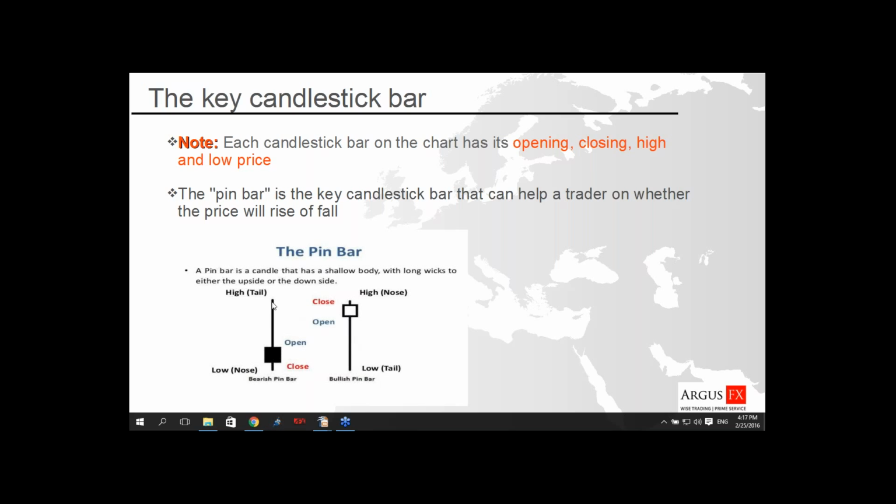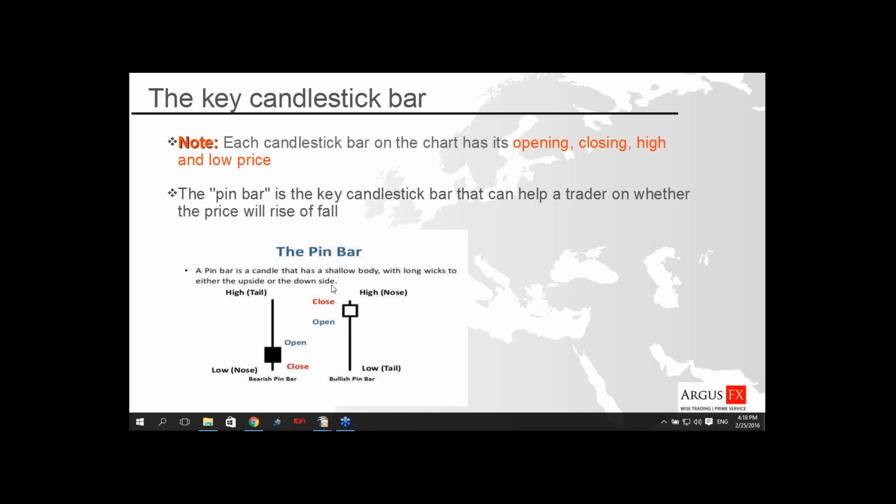So in here there is an indication that the price will drop to the downside upon the opening of the next bar, and here it's an indication that upon the opening of the next bar the price will move upwards.